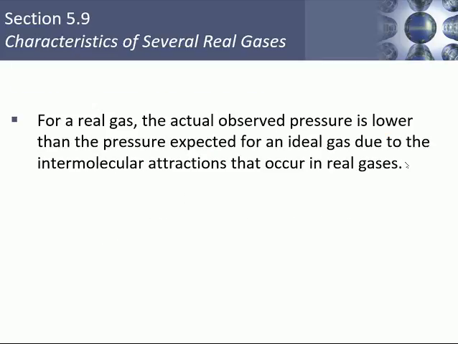Specifically for real gas, the actual observed pressure is lower. It's actually less than the pressure expected for an ideal gas due to the intermolecular attractions and repulsions that occur in real gases. Remember, that was one of the postulates of the kinetic molecular theory for gases, that there are no attraction or repulsion forces between two gas particles. Well, that always happens.